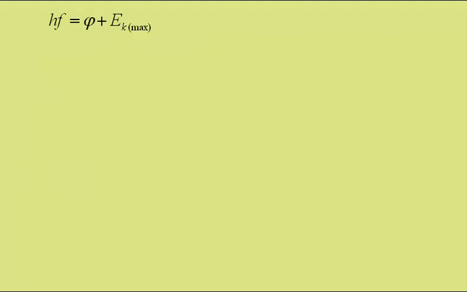Here I've written again Einstein's photoelectric equation, which I will rearrange to this format. This now links up to the general equation of a straight line, y equals mx plus c. So if I plot the kinetic energy of the ejected electrons as my y term, Planck's constant will become the gradient m.